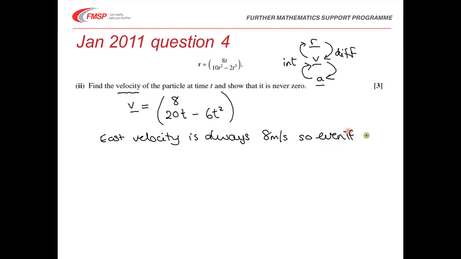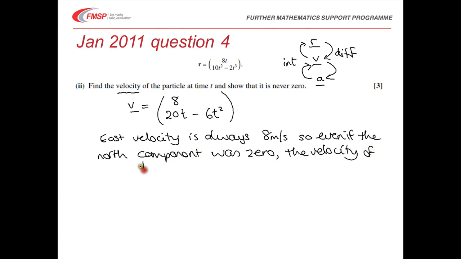So actually, even if the north component, which is the second one, the y component, was 0, the velocity of the particle would not be 0. Because of course the particle is always moving at 8 meters per second in the east direction.